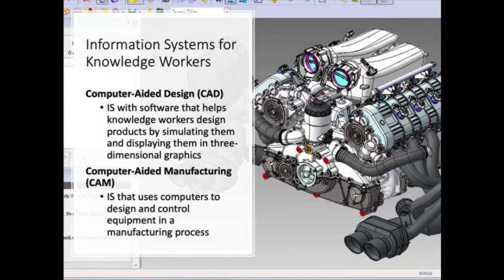An example of a useful information system for knowledge workers, you see there in the slide behind it, this image, which is an actual image of computer-aided design, or CAD. CAD is defined as an information system with software that helps knowledge workers design products by simulating them and displaying them in three-dimensional graphics.